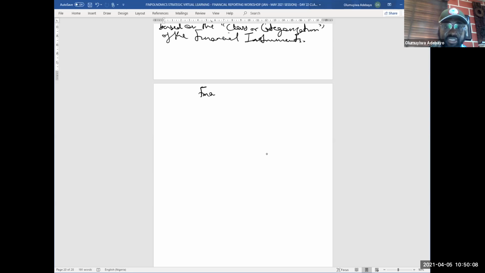For financial assets, we have three categories. Fair value to profit or loss, amortized cost, and fair value to other comprehensive income.